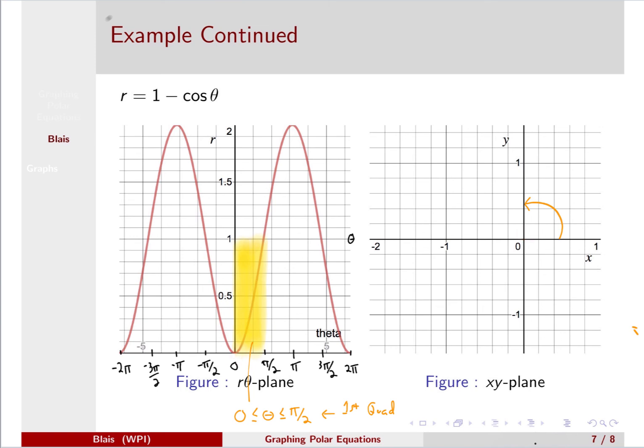And then as theta increases from 0 to pi over 2, the r is increasing. The point is getting further and further away from the origin until once theta is equal to pi over 2, it's actually a distance of 1 from the origin. So we start out here at 0, and then as we rotate, theta going from 0 to pi over 2, we're getting further and further away from the origin until we hit that maximum of 1.